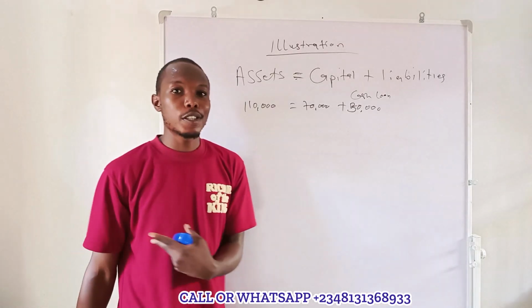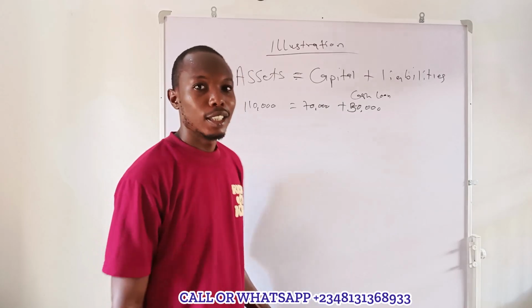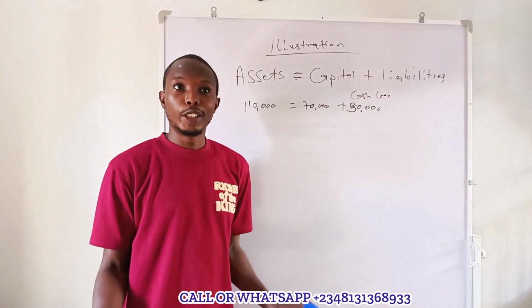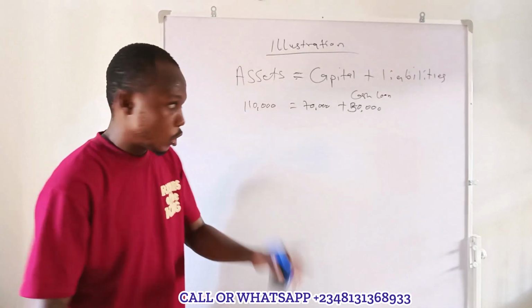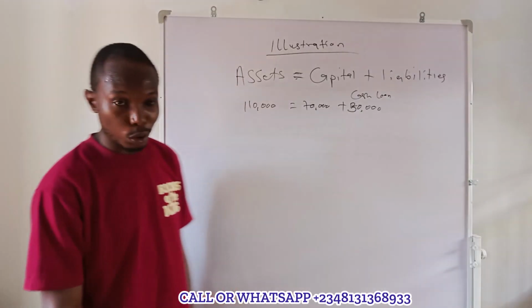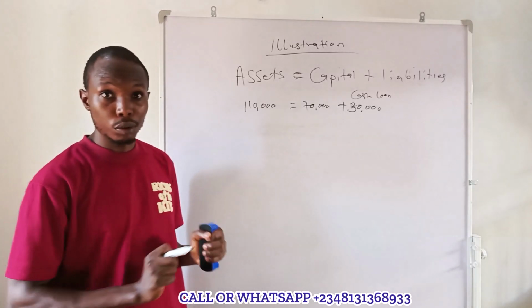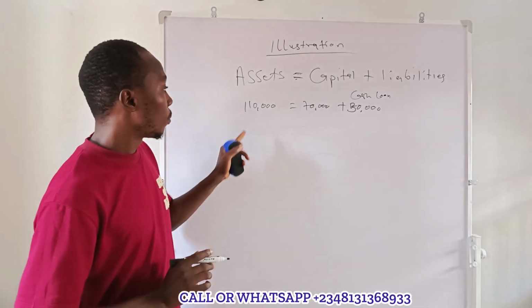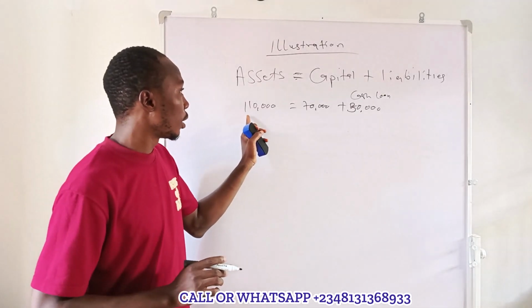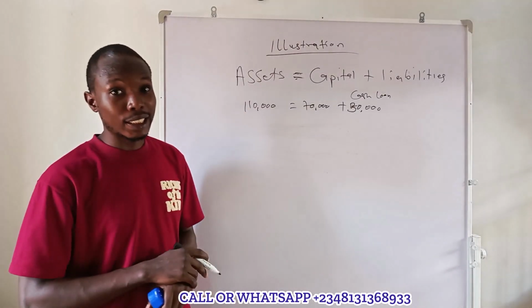Now, if you incur an expense of 10,000 from the bank, let's say without revenue, let's just say I resume my office today, starting my business today with my 70,000 and 30,000 cash loan, I have 100,000 with me. Now I'm recording 110,000.